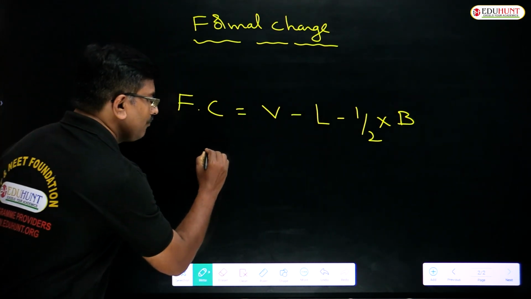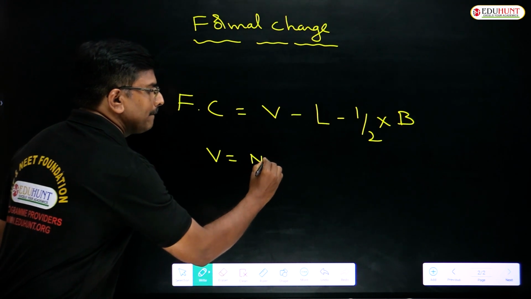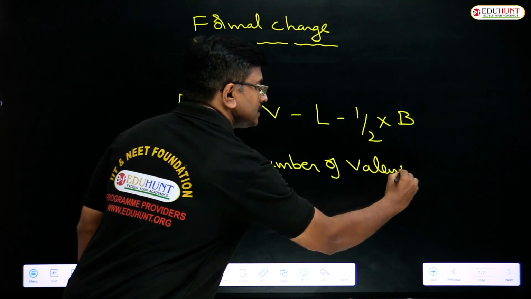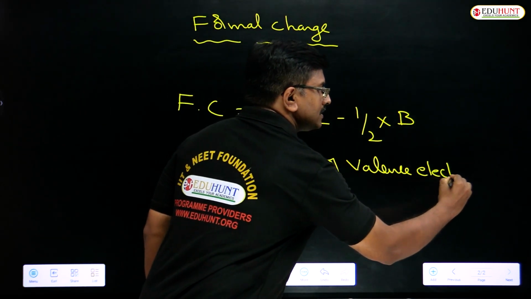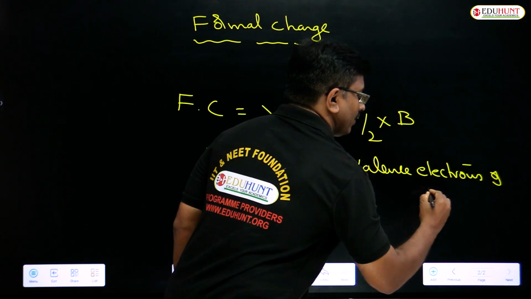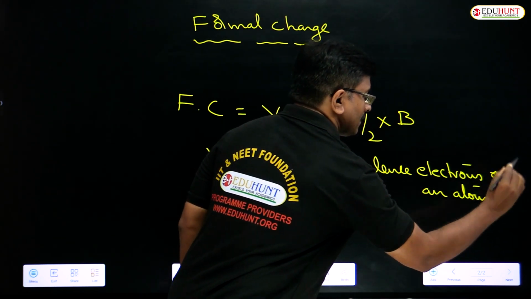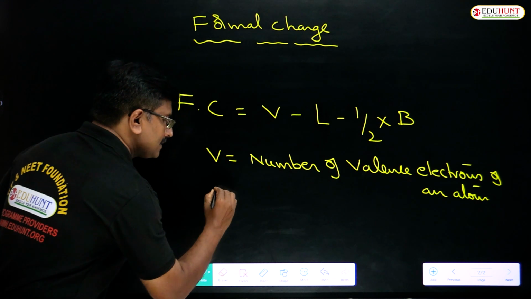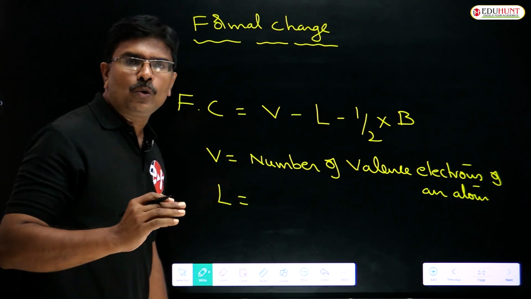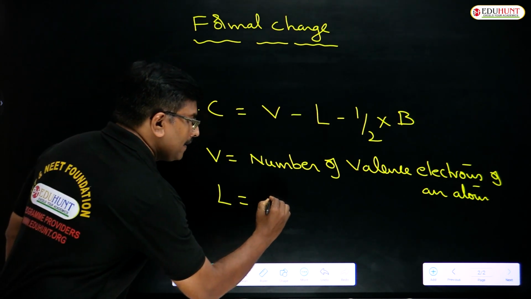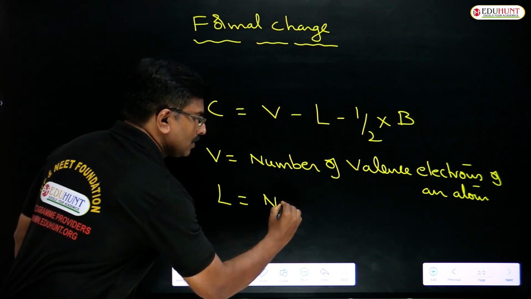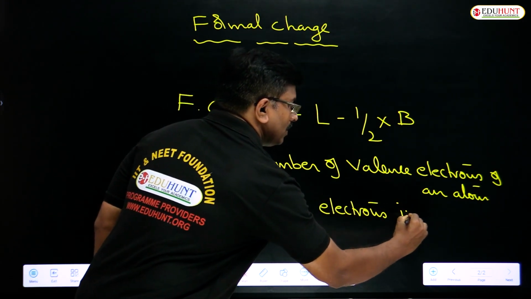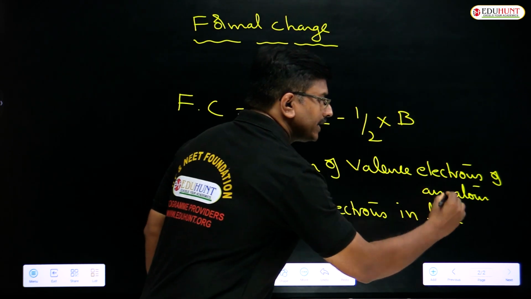V is equal to the number of valence electrons of an atom. L is for lone pairs: L is the number of electrons in lone pairs around that atom.